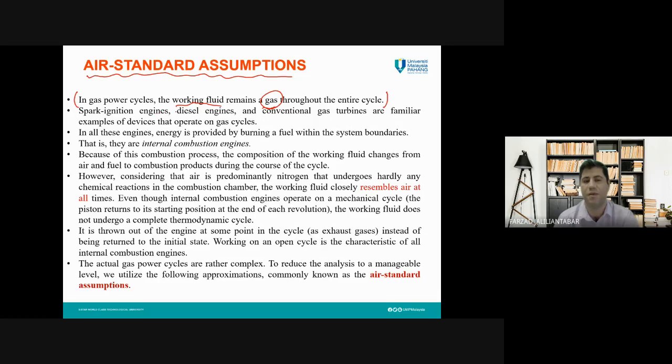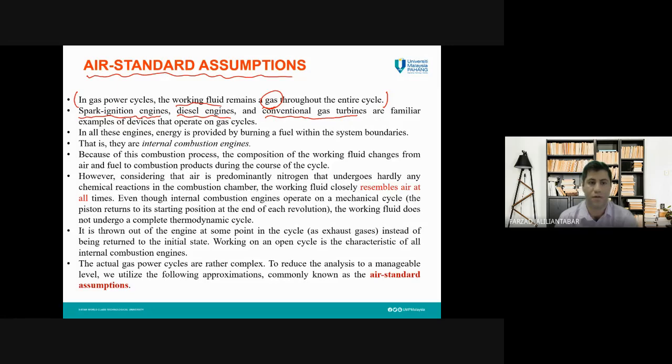We call them that because the working fluid remains a gas throughout the entire cycle. This type of cycle is common in spark ignition engines, diesel engines, and conventional gas turbines. In this chapter, we will consider all these different types of cycles.